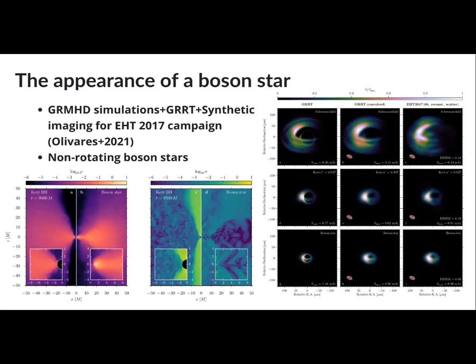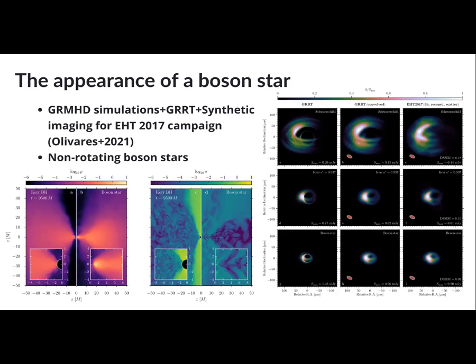We see something like a central brightness depression that looks similar to a shadow, and we see a bright ring. However, interestingly, when we look for the origin of this feature, it is not a real shadow. It cannot be, because the boson star has no capture cross section, since it has no event horizon. So what we see here is nothing more than an effect of lensing of an evacuated region that appears in the center of the simulation.